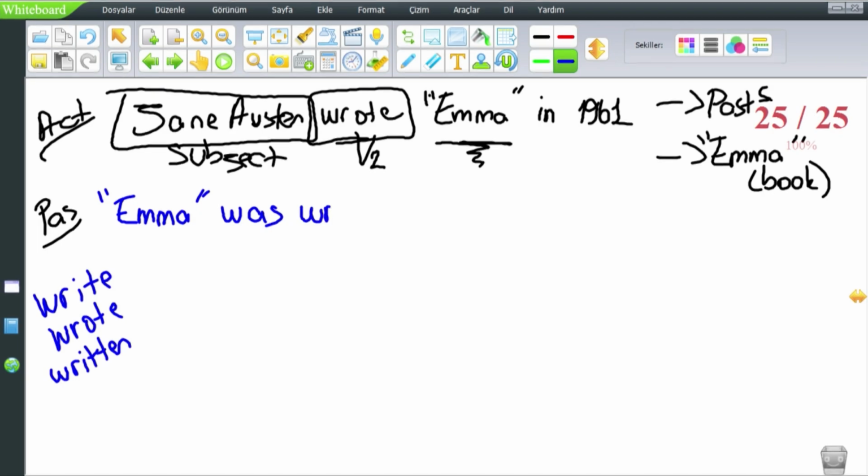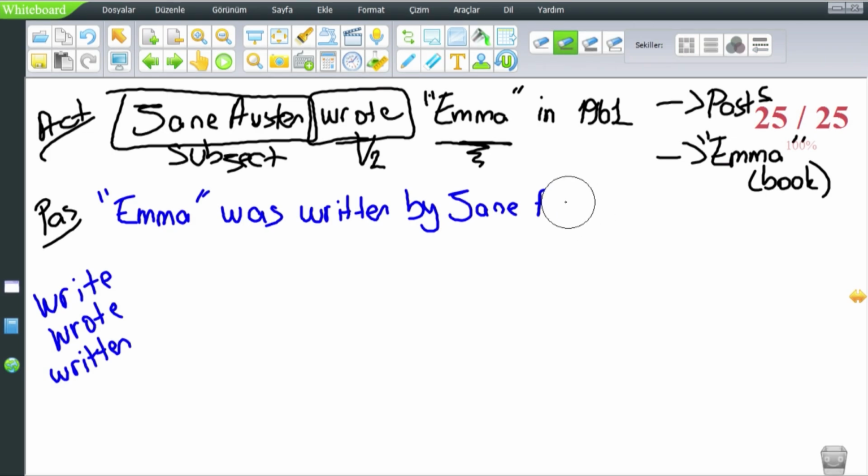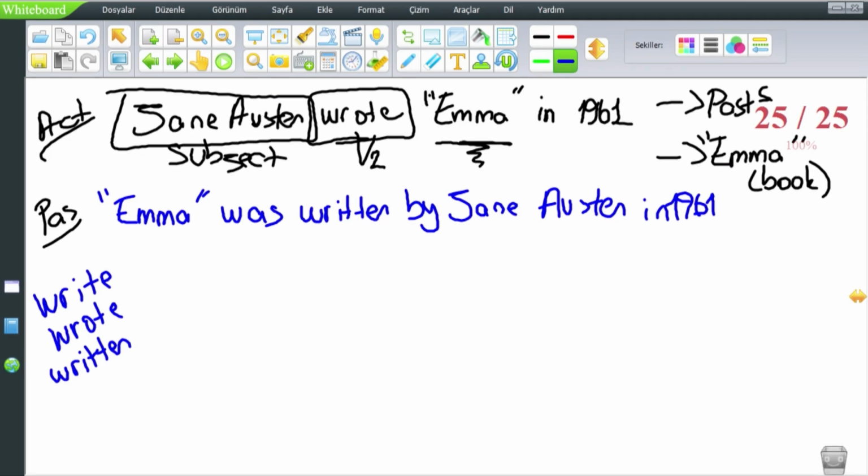Was written by Jane Austen. Again, I spelled it wrong. In 1961. We can use passive voice while we're talking about literary works and who created them.